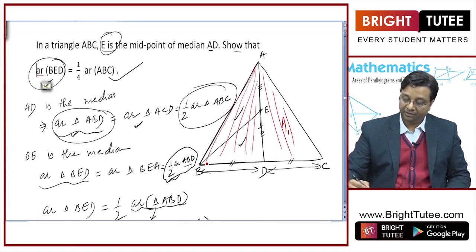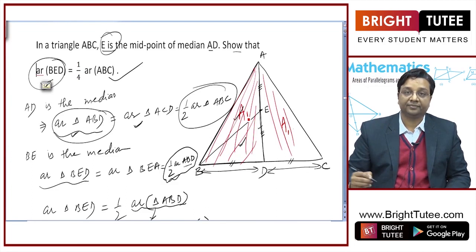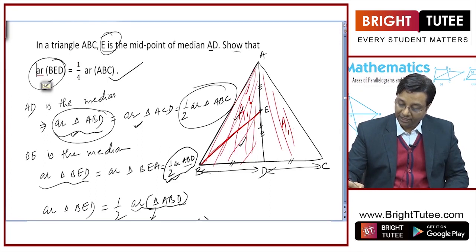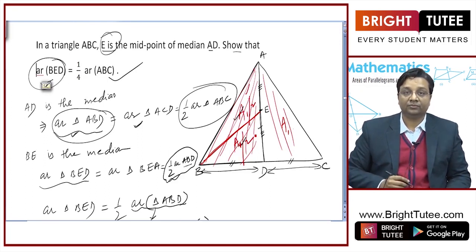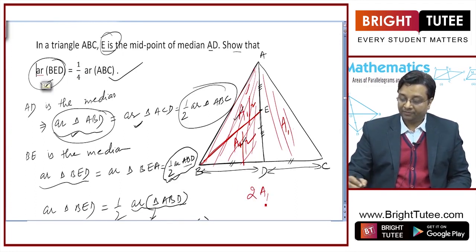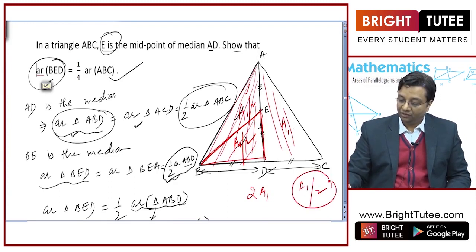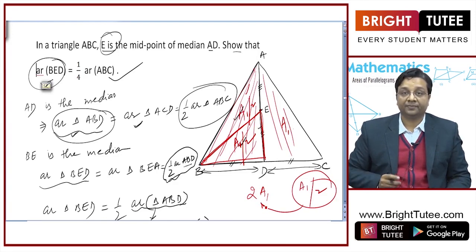So what will be area of this entire portion? It will also be A1, right? Now this is the median, so this area will be A1 by 2 and this area will also be A1 by 2. Now I know the complete triangle will have area twice of A1, and this little triangle BED has got area A1 by 2, which is 1/4 of this, right?